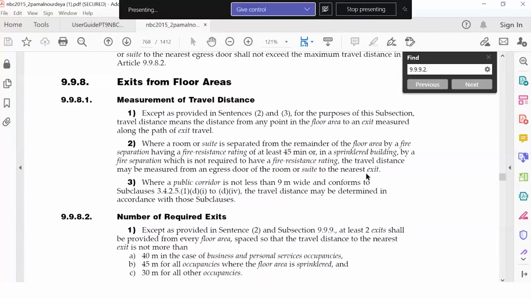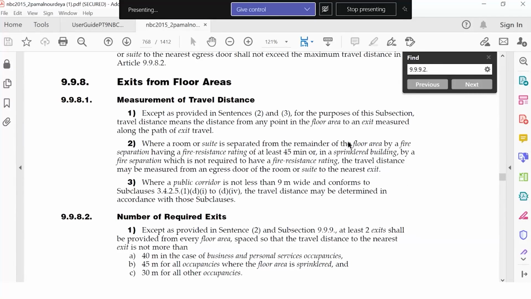So this gives you leniency in the building code: if your building is sprinklered and you have a fire separation with no fire rating, your travel distance can be measured from the egress door of the suite to the nearest exit. You'll always measure travel distance to the nearest exit, okay?